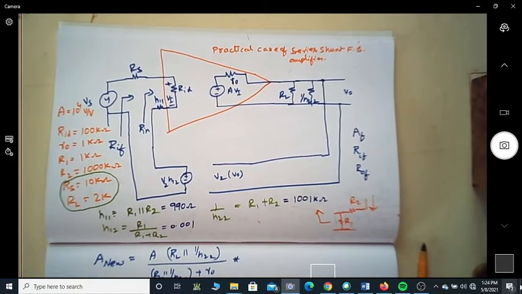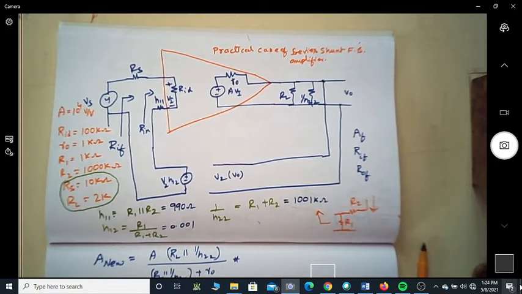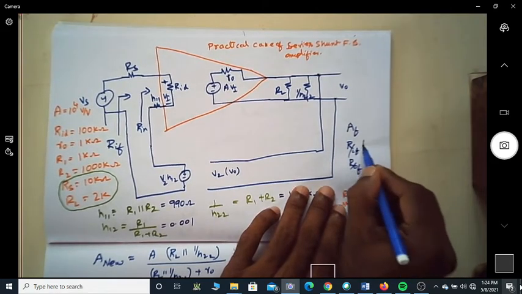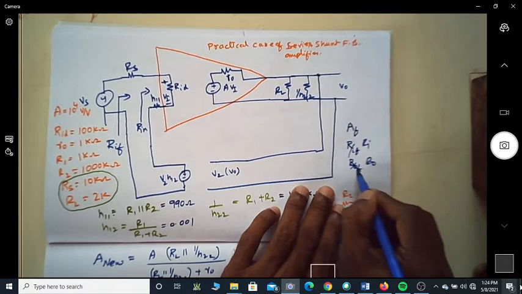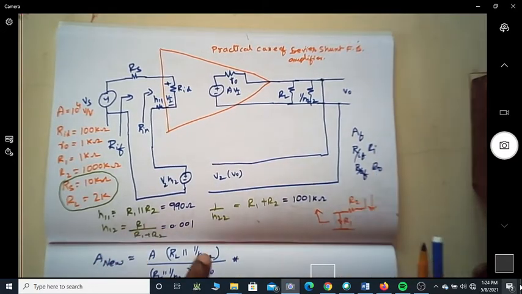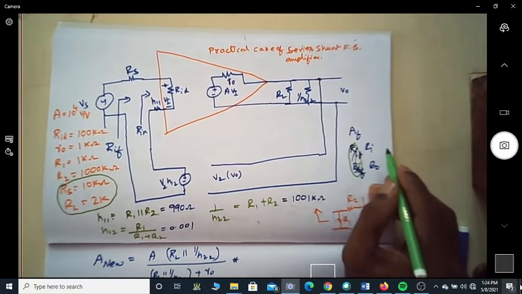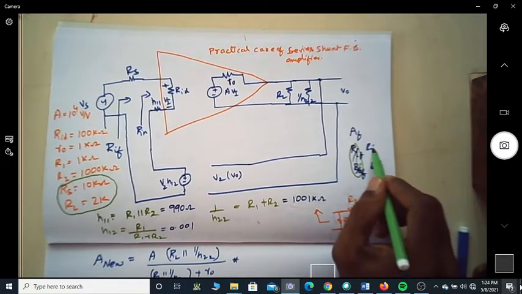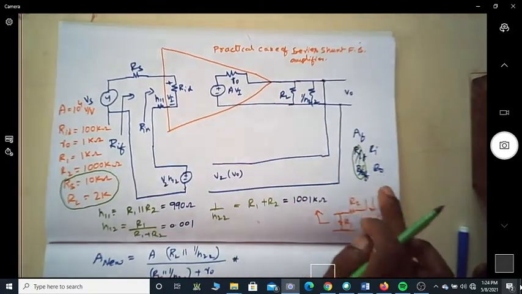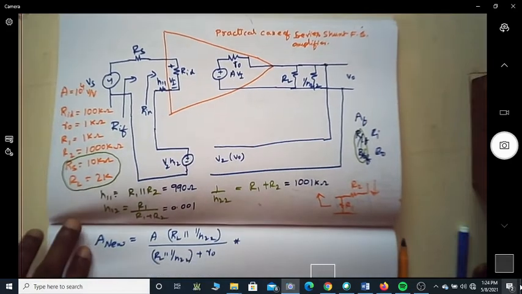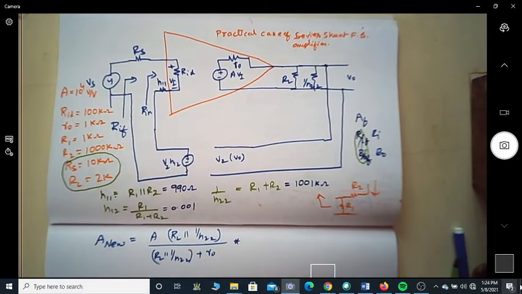So let me simply say Ri and R naught. Ri is the input impedance of the amplifier after feedback, and R naught is the output impedance of the amplifier after feedback. So we have a similar type of thing being represented here.